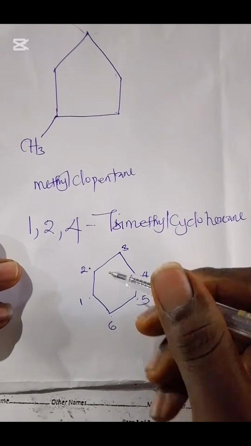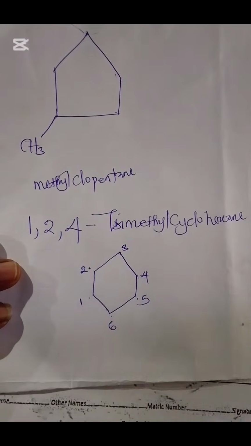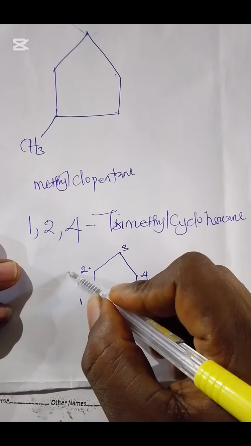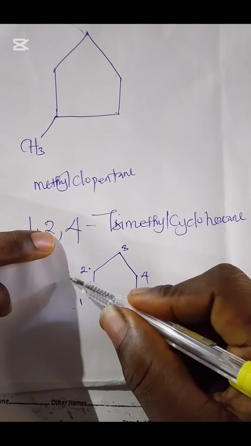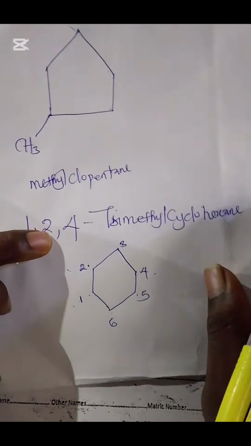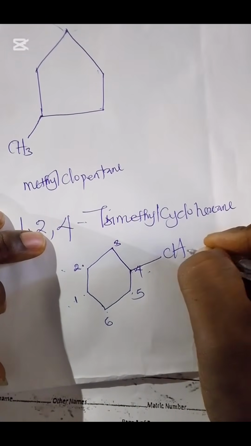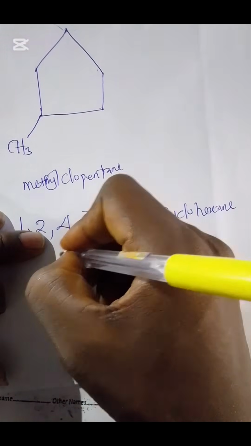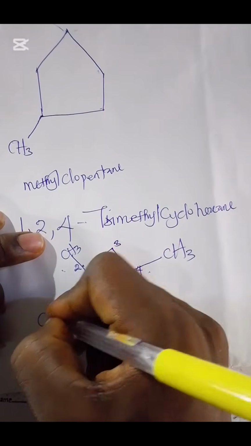So we are going to represent our alkyl group, methyl, at positions 1, 2 and 4. So let's put it here. This is CH3, this is CH3, and this is CH3.